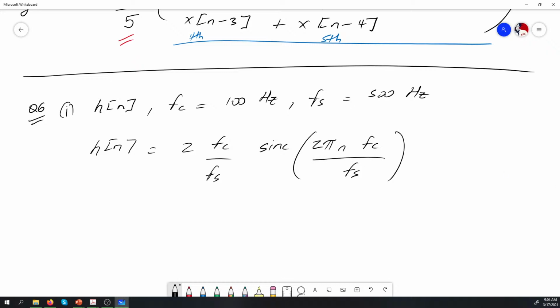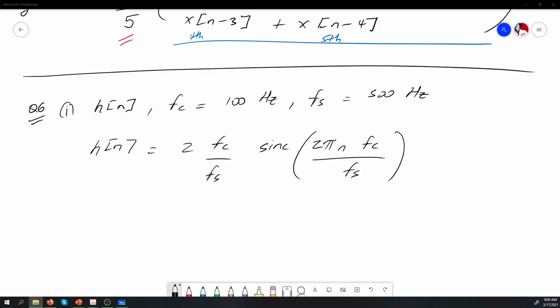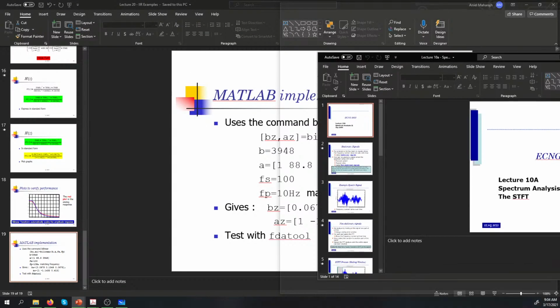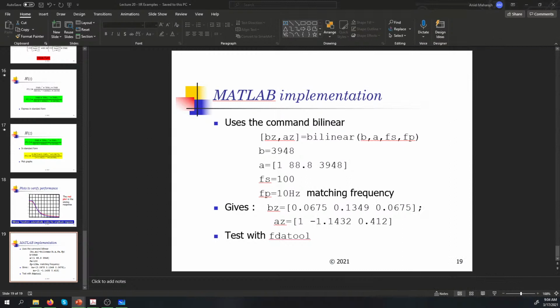Now I'm just going to bring back up all my lectures here to check back the equations that we're actually supposed to use, because I did advise you guys not to use the sinc equation. It was to use the other equations as required. Let's see. Oh, where was that lecture?